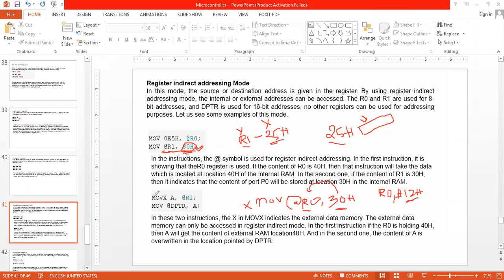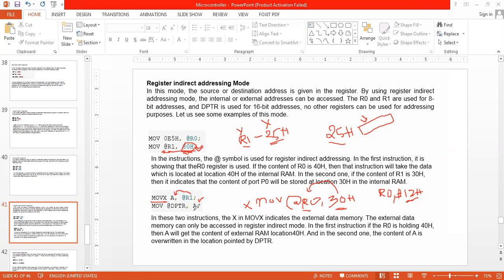And there is one more instruction here, move x. X stands for external. I told you, whenever I am using an external data memory, then x is going to be utilized. So move x A, comma at R0. So externally I am copying whatever the data is there into the A register.